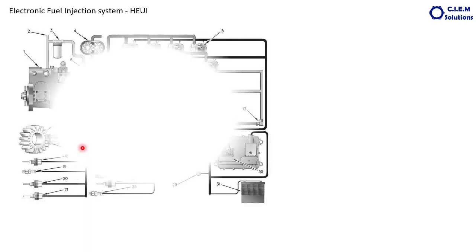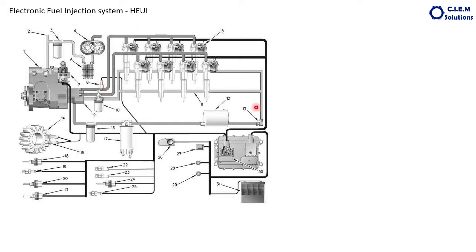So to get more power and also to minimize the pollutants in the exhaust gases, electronics were introduced in the fuel system. I am going to talk about each and every component of the electronic fuel system in this video. This is the schematic diagram of an electronic fuel injection system, a particular model actually.